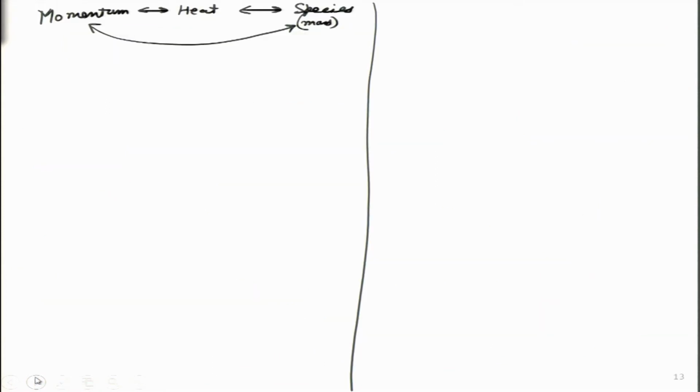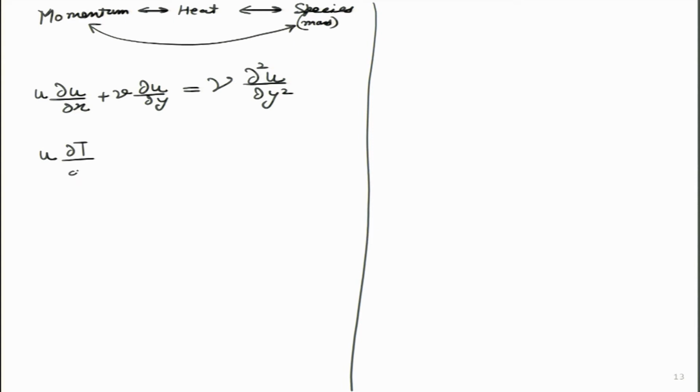If I write the x direction momentum equation, it is simply u del u by del x plus v del u by del y equals nu del square u by del y square, and the heat energy equation I can write something like this.